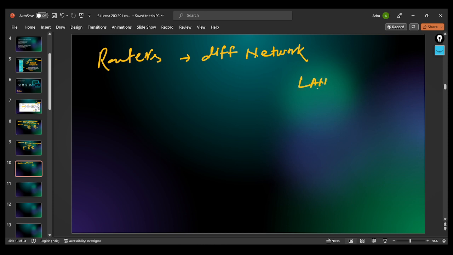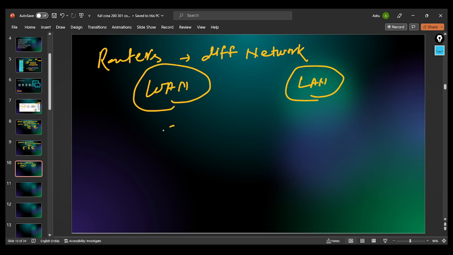Here is the LAN, where switches and clients exist. This is the WAN, or the world. This is the world, and these are the small offices.